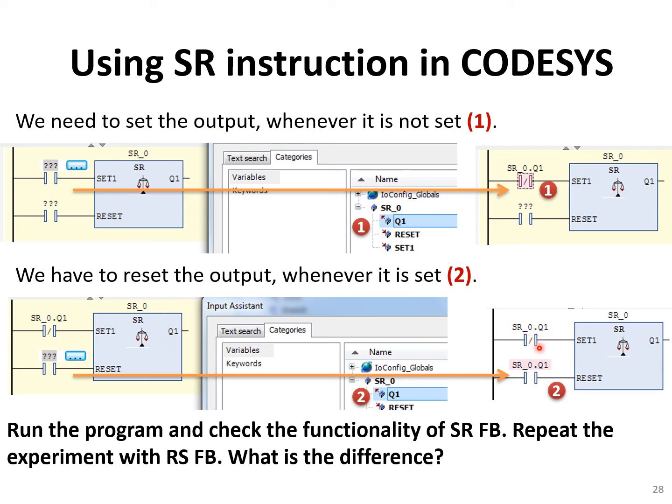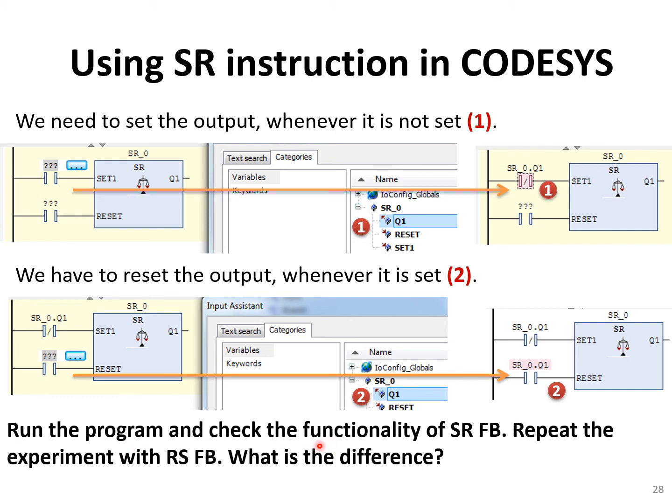At the beginning Q1 is false, so this coil here will be true, and then we could set it. Once we set it, Q1 becomes true, and once it becomes true, then we will reset it automatically, and this cycle basically continues. So we could have a pulse train.